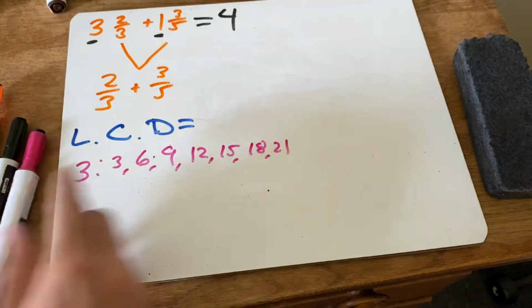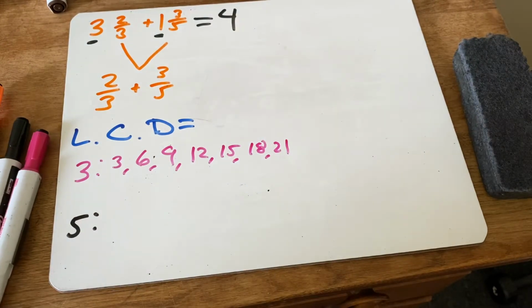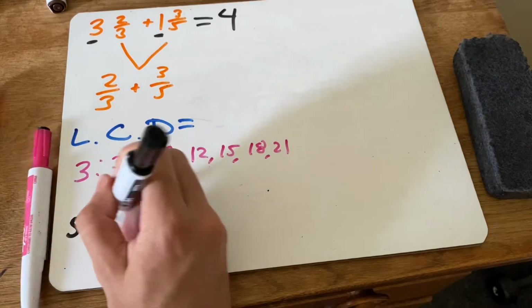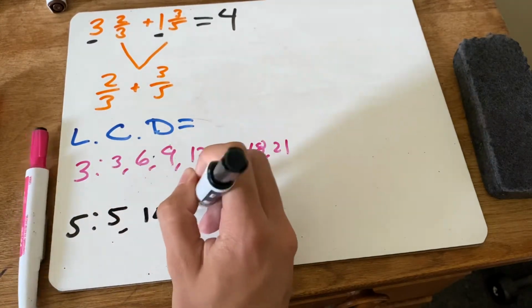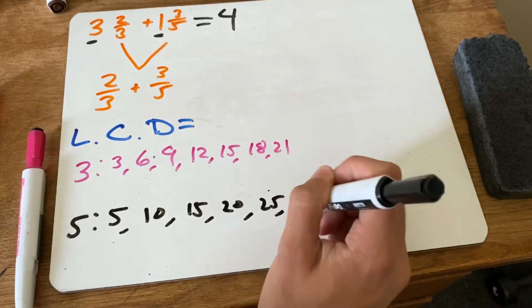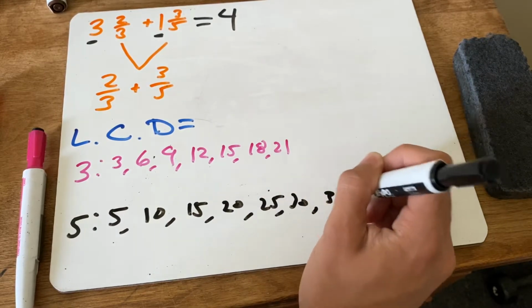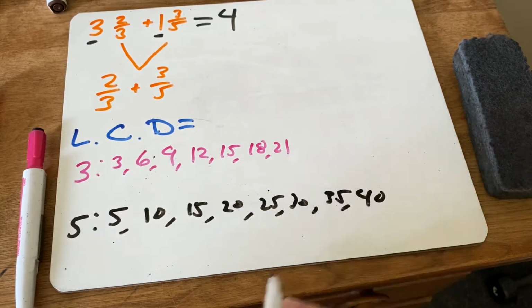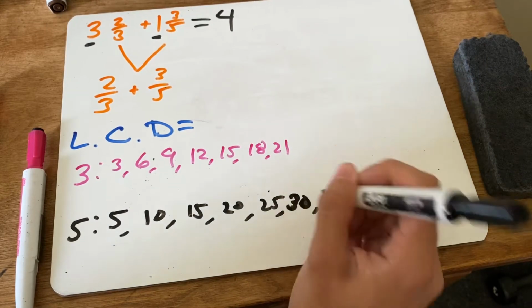And we'll stop right there. You can keep going if you want to, but I like to do the first 7 or 10. All right, 5, 10, 15, 20, 25, 30, 35, 40. We'll stop right there. There you go.